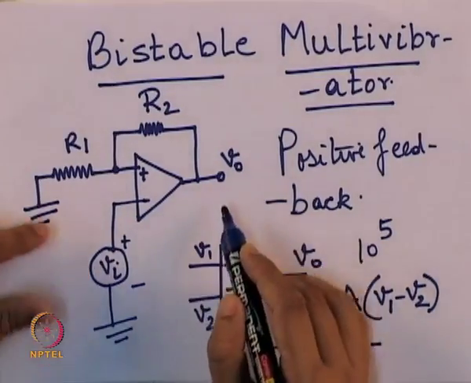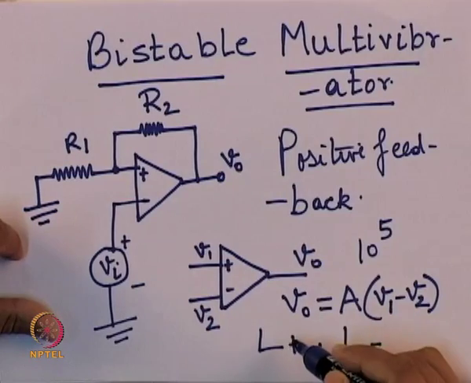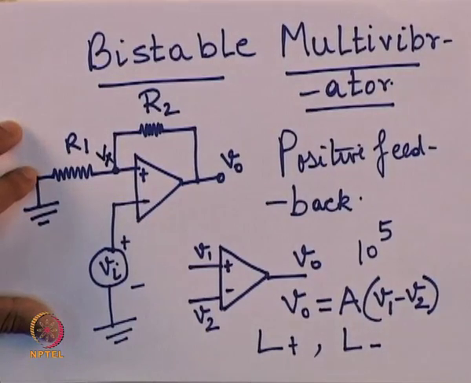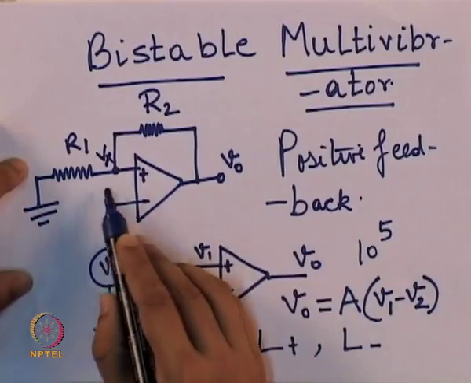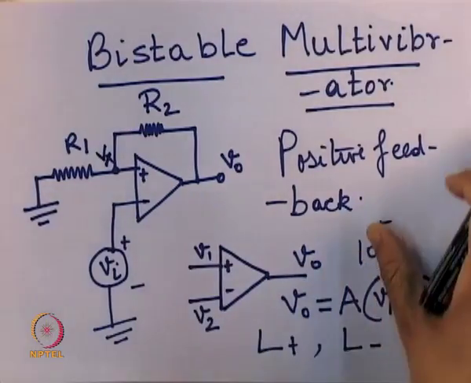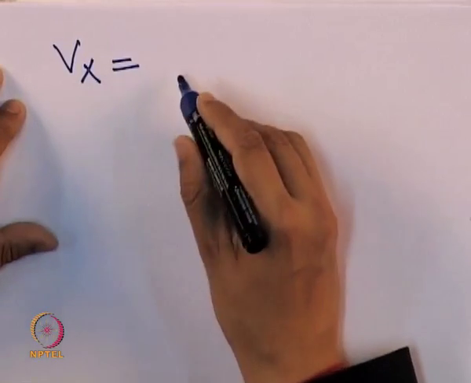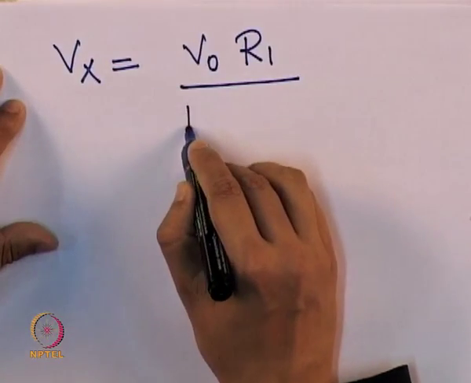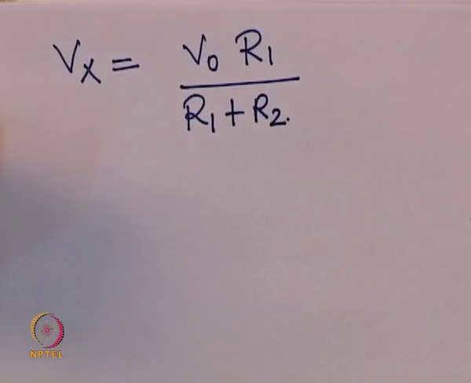How? So, look at it this way. Say Vo is at the upper saturation voltage L plus. Then this voltage Vx will be given by the voltage division of this feedback circuit. So, Vx I can write as follows.